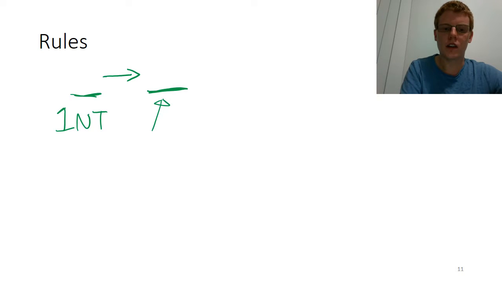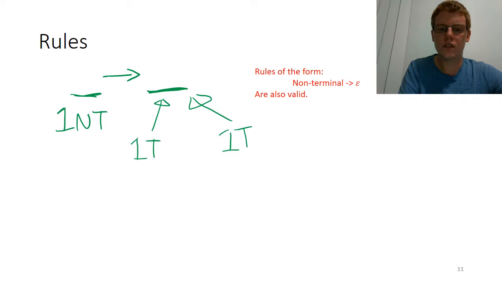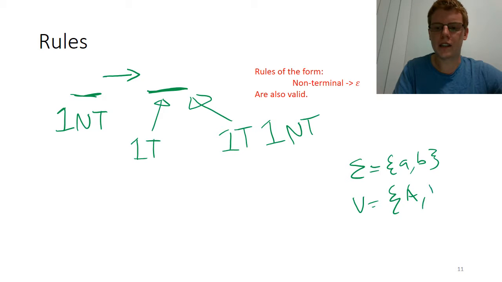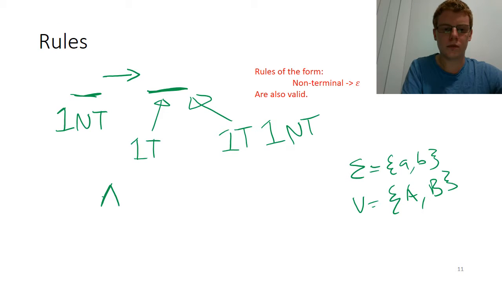We can either have a single terminal, or we can have a single terminal followed by a single non-terminal. So if our sigma, our input alphabet, consisted of A's and B's, and our non-terminal alphabet consisted of capital A's and capital B's, then the following rules would be acceptable.